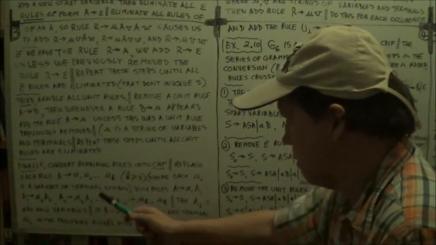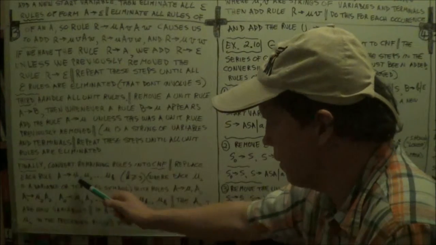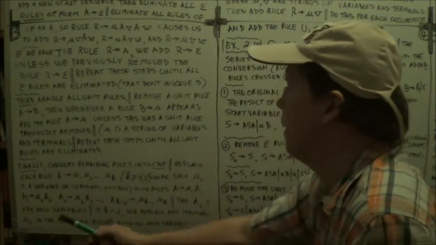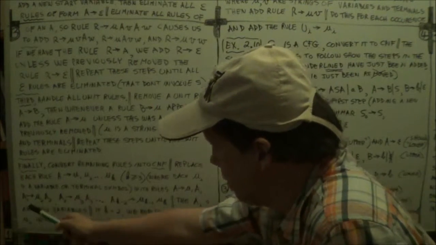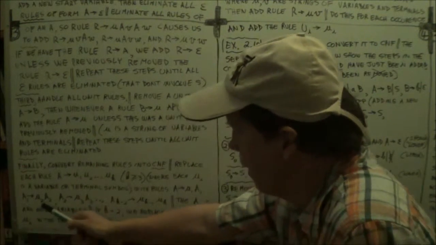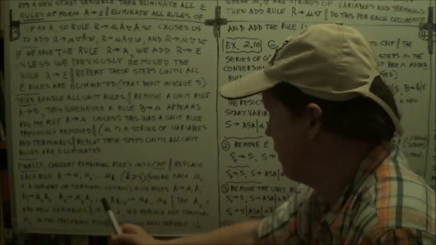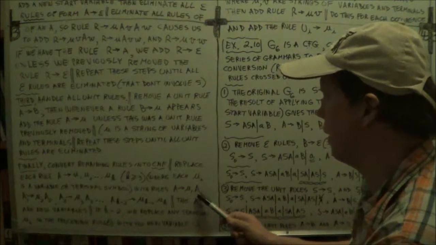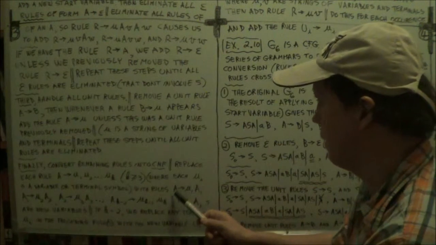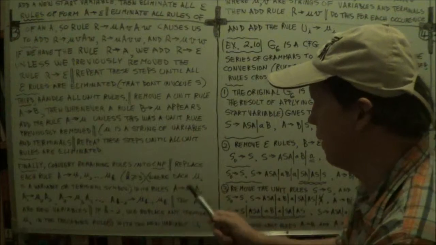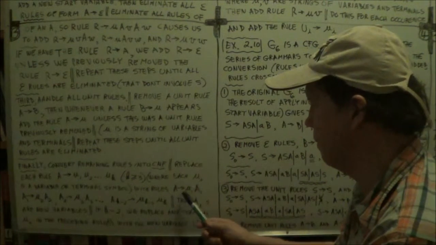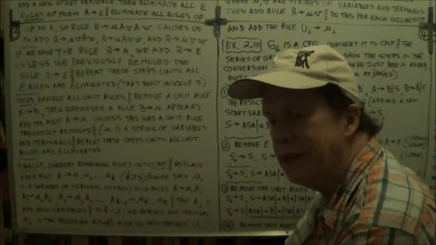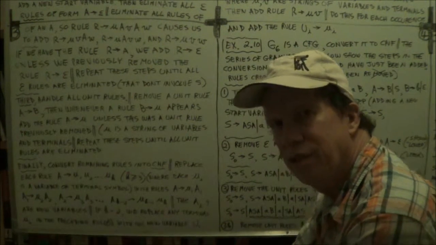in this case, with k symbols here, right? And a symbol can be either a terminal or a variable. So what you do is, you create a new variable, and here we create a new variable called A1, and the new rule that we add to the R, our growing converted grammar.